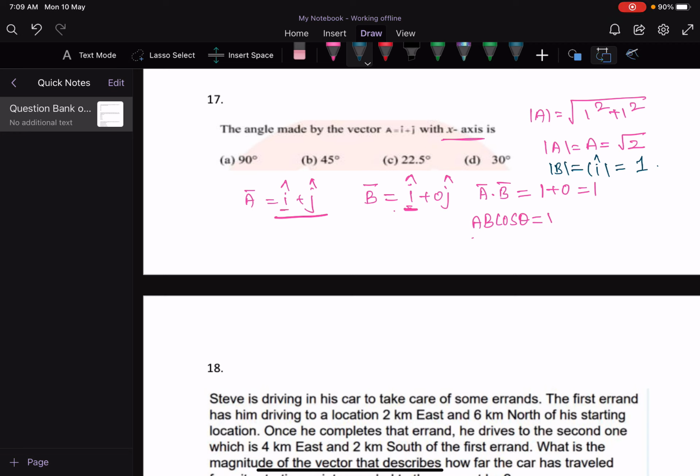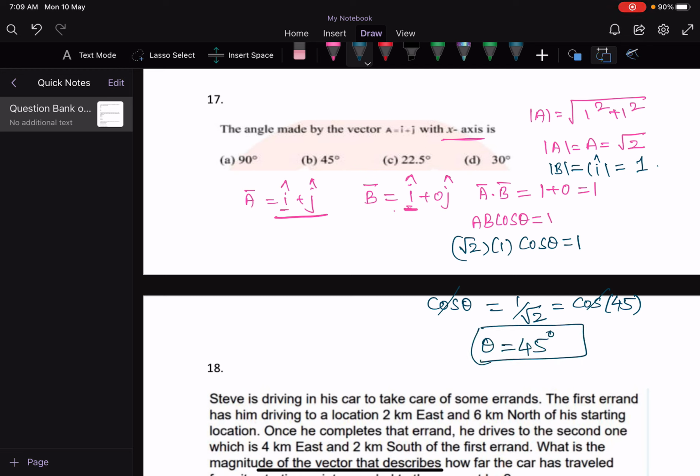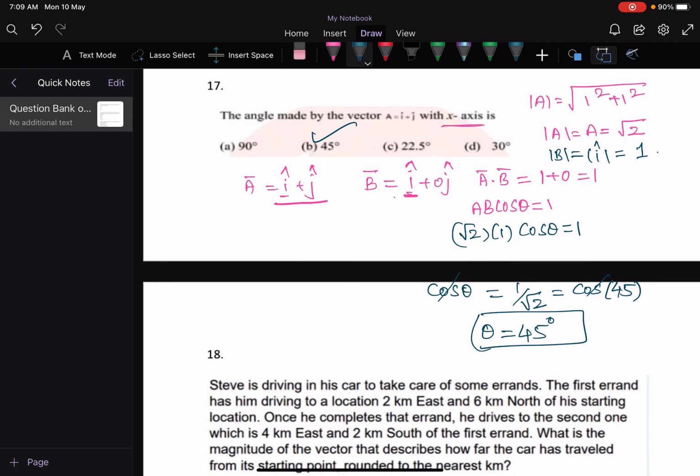So root 2 into 1 into cos theta is equal to 1. Therefore cos theta is equal to 1 by root 2. Cos theta is 1 by root 2 if theta is equal to 45 degrees. So we get theta equal to 45 degrees. The answer is B.